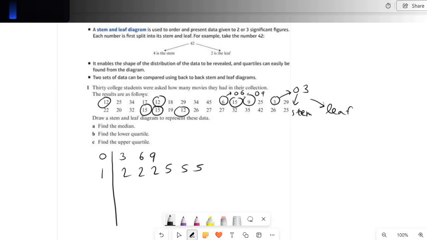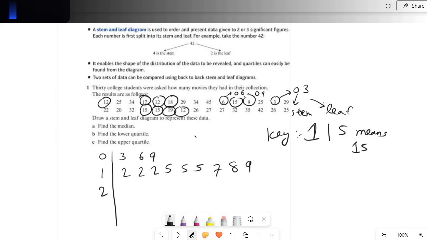Similarly, after that we have 17, so 7. Then we have 18 and then 19, so 8 and 9. So we can include a key here to represent what this means. Basically what 1 line 5 means is it is going to be 15.